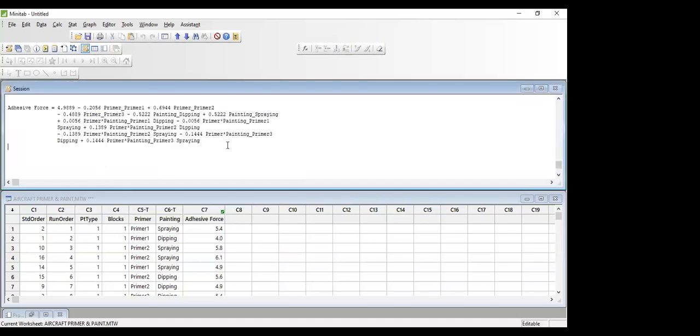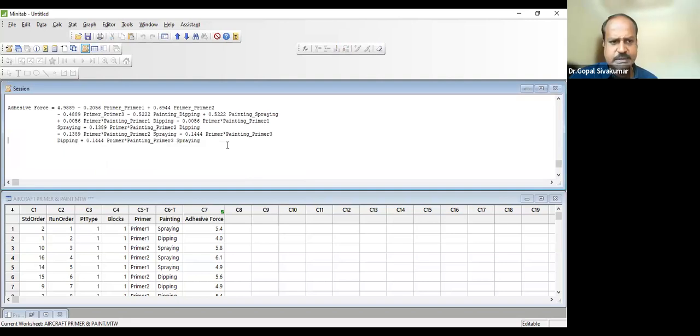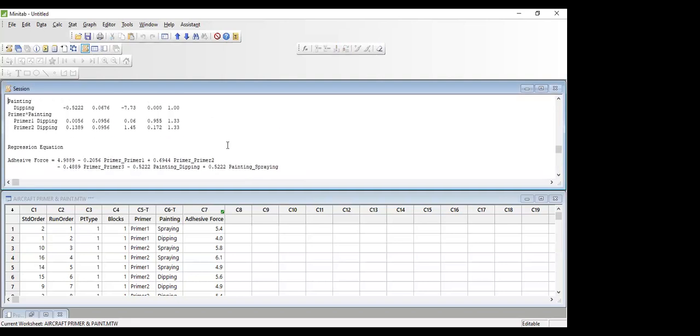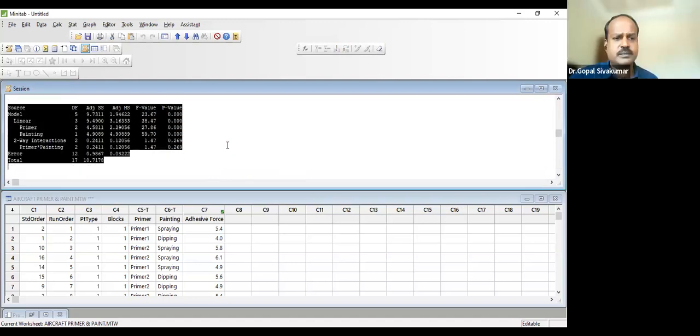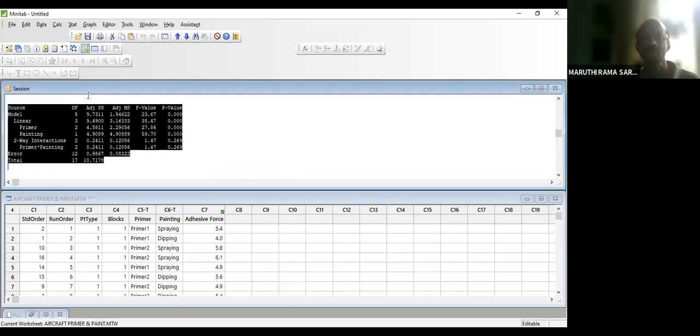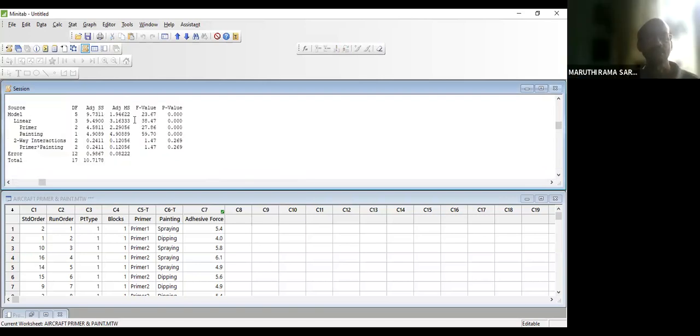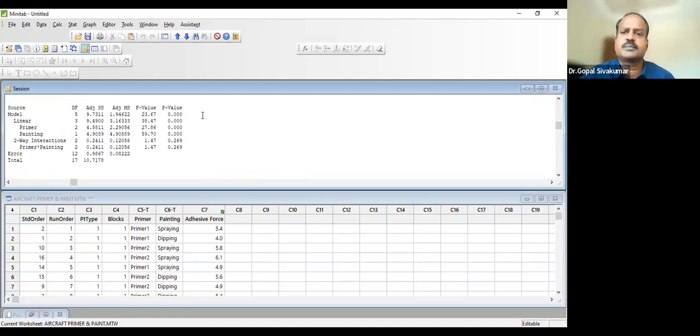Now the equation has come. You can see. Can you see the ANOVA table here? Whatever we discussed, the same table is appearing here. Can you see that, all of you? Yes, sir.